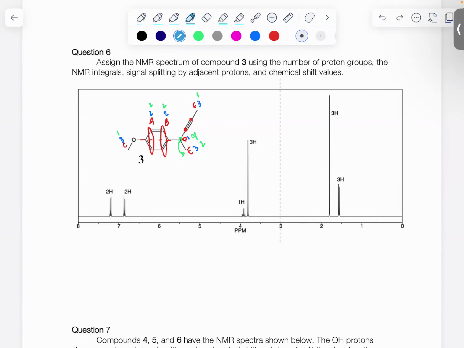We can identify this as C and this as F. We only have 1 signal that has 3 protons and doublet splitting, so we know that this is E. We only have 1 that is a quartet, 1 single proton, and then again we have our aromatics.